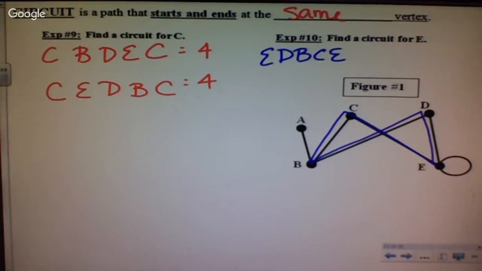I could have literally taken my pencil and gone, whoop, and that's a circuit. I started at E, and I went straight back to E. Okay, that's the shortest circuit you can ever have. This circuit has a length of 1. 1 vertex, 1 edge. And this one then has a length of 4.